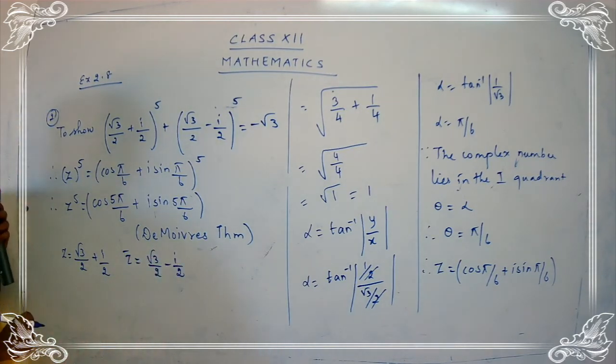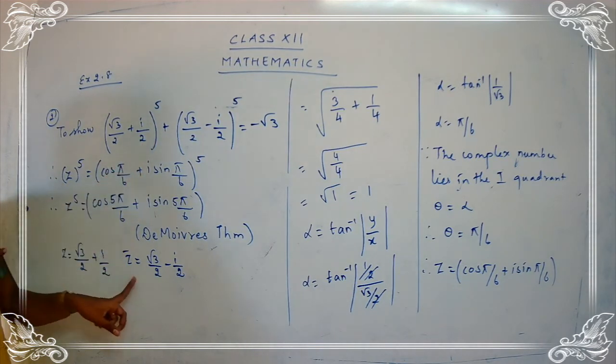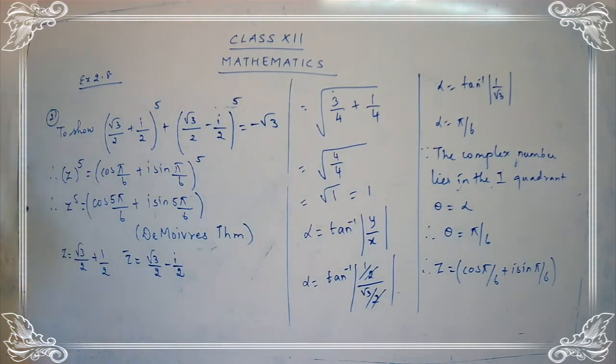Okay, children, so I took the complex number as z, and here I am considering the second term as z bar, because everything is the same, the real part, the imaginary part, only the sign is different. For the first term we had a positive sign, and for the second part we had a negative sign.